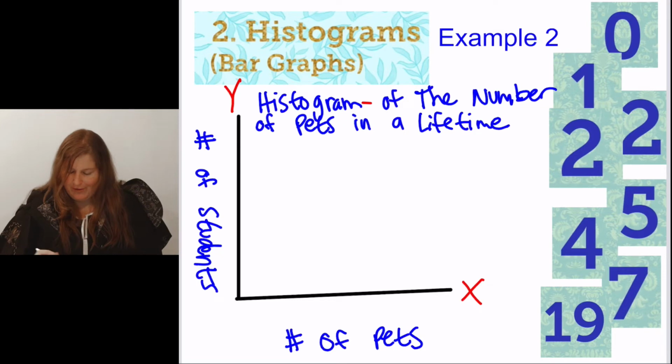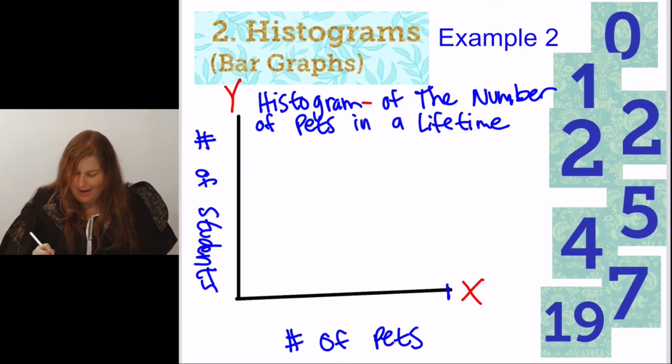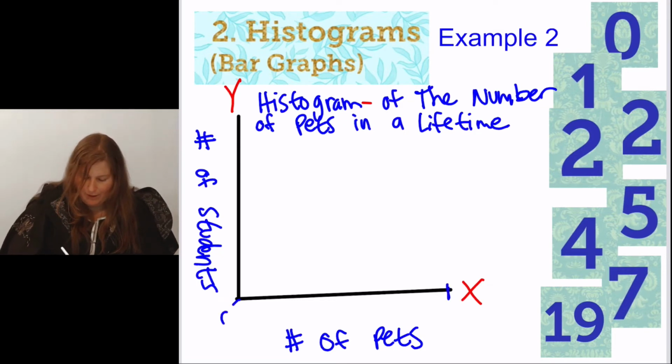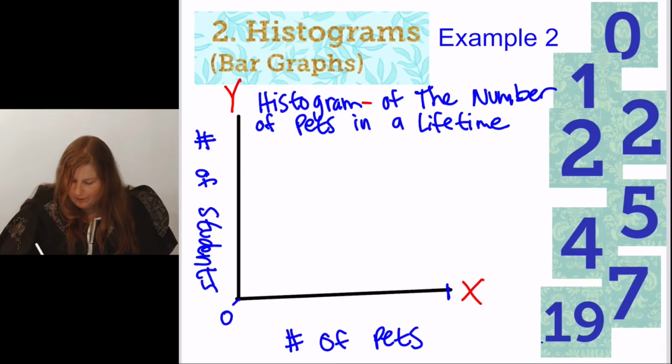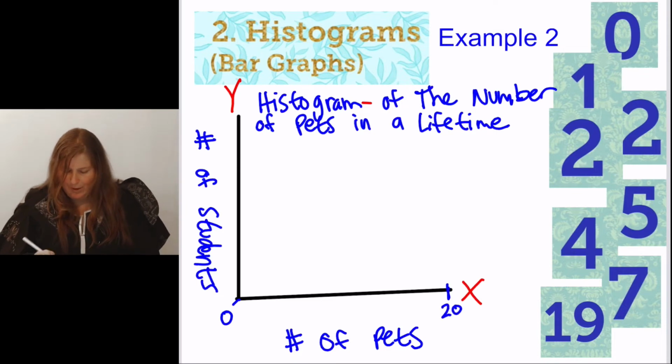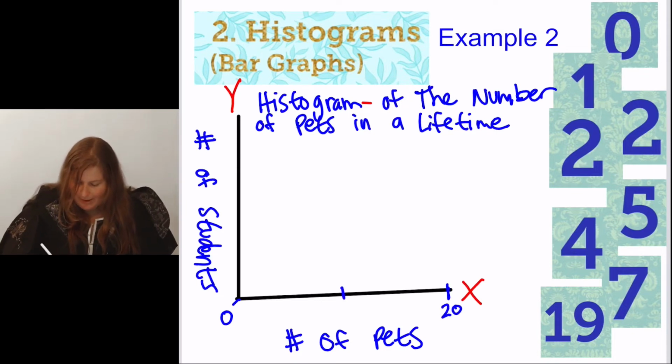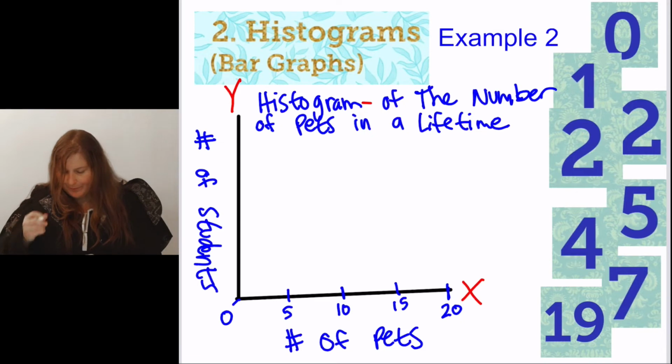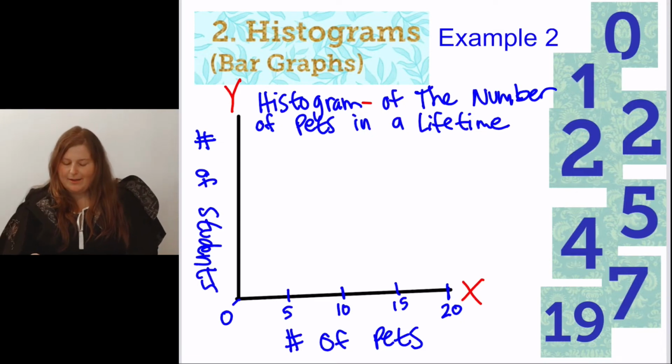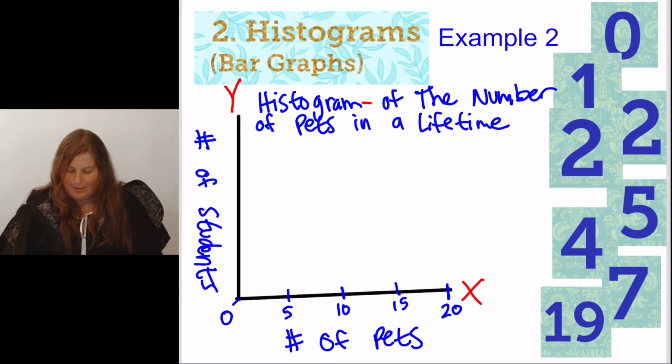So let's pretend that my histogram is going to go from my origin of 0 to, let's say, 20. The middle would be 10, and then again we had 5 and 15. And instead of thinking about this as each individual number, I want you to think about these in groups. How many numbers are between 0 and 5?